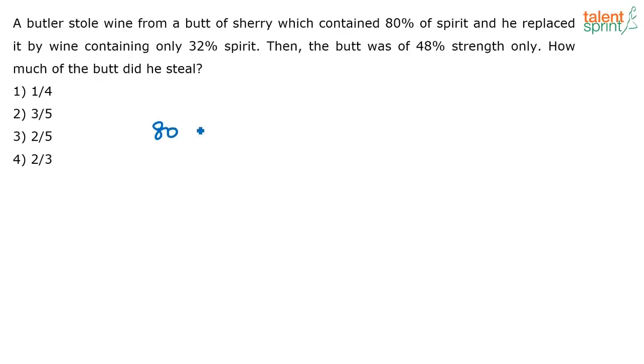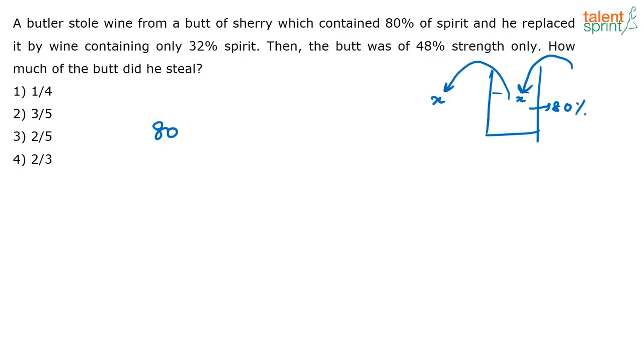See, there is a bottle, okay, which has sherry in it. Now this has 80% spirit. What is the butler doing? He is removing some amount and then replacing the same amount. If he is removing X liters, he is replacing these X liters with some other spirit which has only 32%.